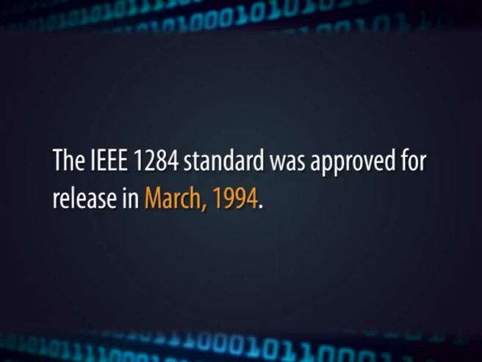The IEEE 1284 standard was approved for release in March 1994. The standard specifies 5 modes of operation, each mode providing data transfer in either the forward direction, that is computer to peripheral, or backward direction, that is peripheral to computer, or bidirectional, that is one direction at a time, but in both directions.